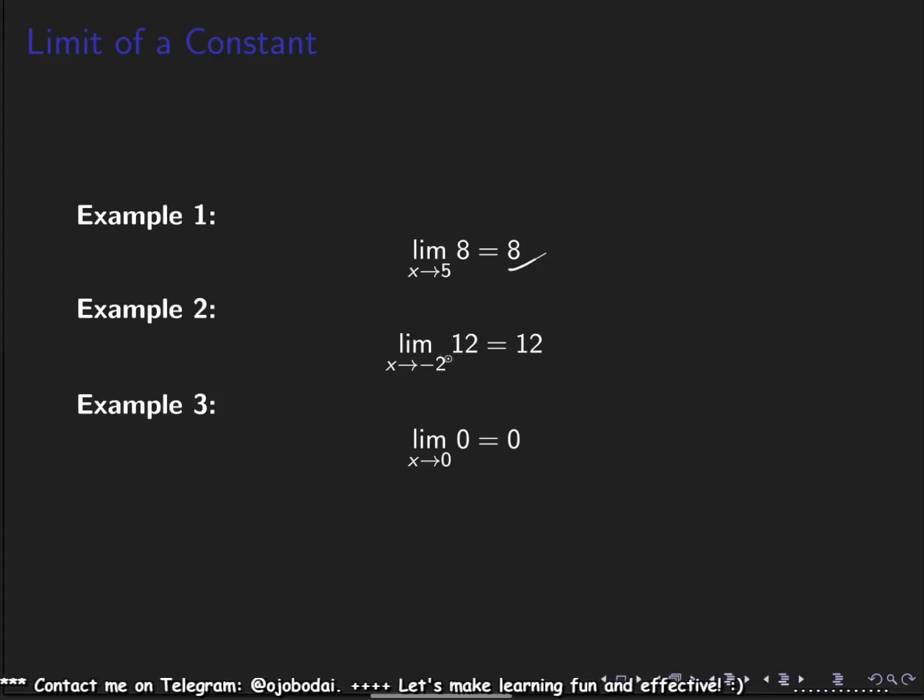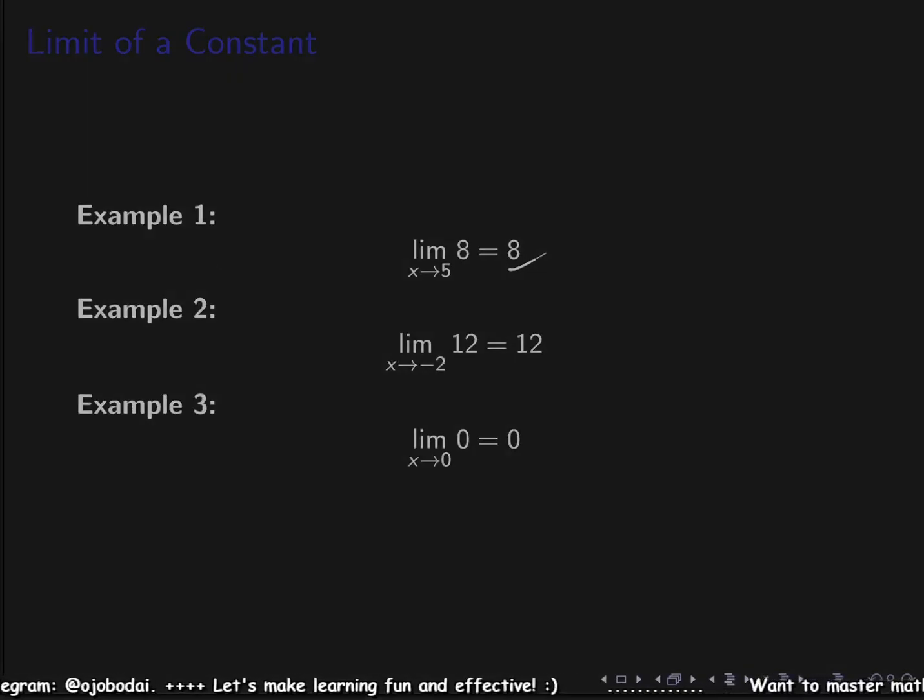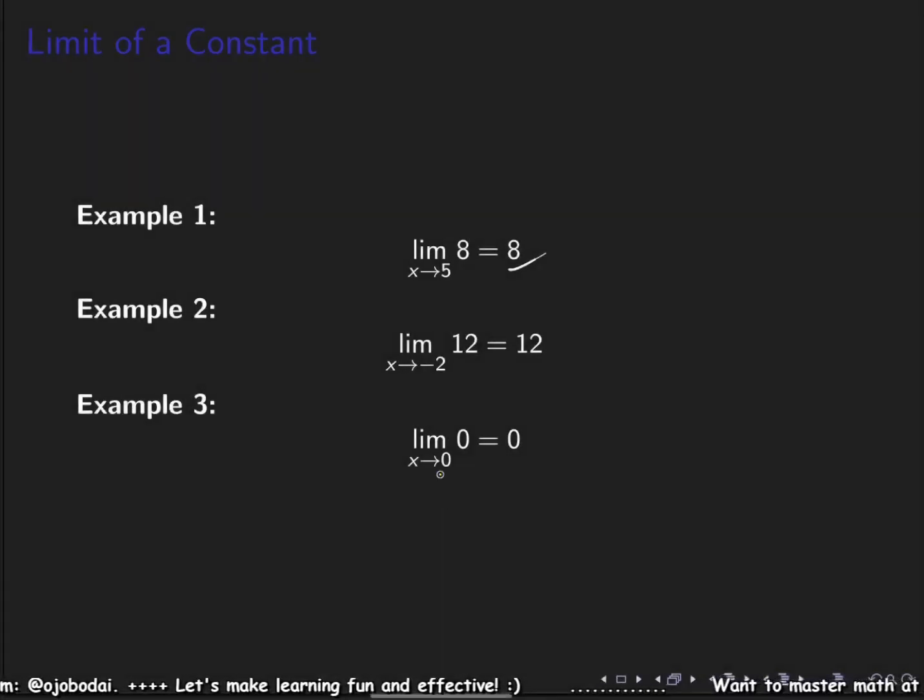For this second one here, we want the limit of 12 as x approaches negative 2. 12 here is a constant. Hence, our value still remains what? 12. Then this very one here too, we want the limit of what? 0 as x approaches 0. 0 is itself a constant. Hence, we still get to the answer what?